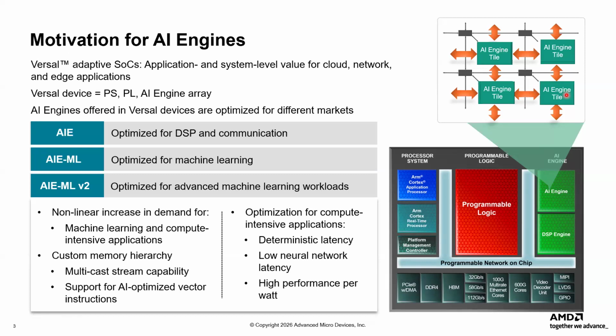So you've got three different flavors of this, starting off with the original AIE, which is optimized for DSP and communication, then the AI Engine ML, optimized for machine learning, then the update to that, what we're calling V2, is also optimized for machine learning, but now they're doing what they call advanced machine learning workloads. That's a fancy way of saying that they can handle specific data types, floating point data types that would be particularly important if you're doing machine learning inference.